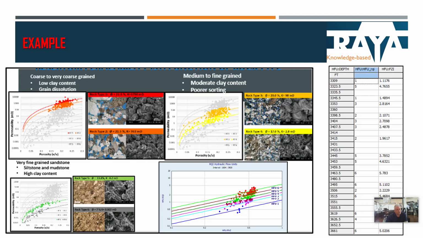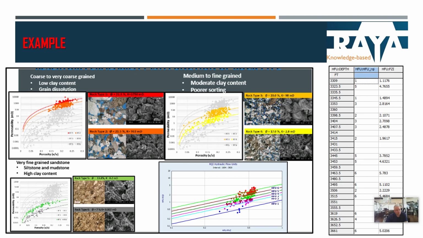In these figures, you see the flow units for different pore systems and rock types. The relationship between permeability and porosity changes.